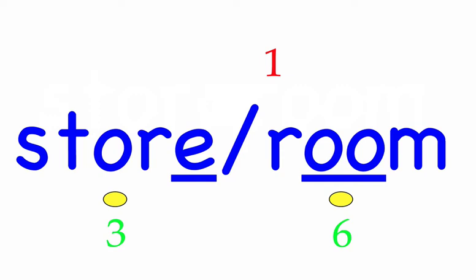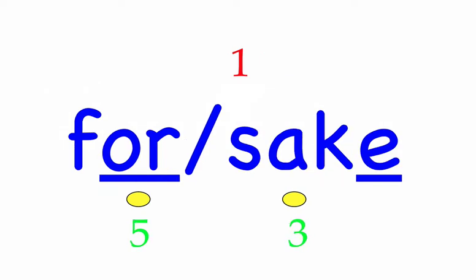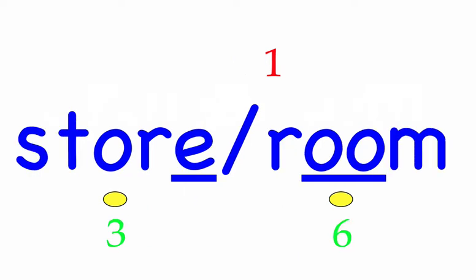Now let's go back for just a minute and look at a word that we just spelled, forsake. Now forsake and storeroom are very similar. They are both compound words, but in this word we don't have a silent E at the end of the first syllable. So OR has to be a vowel group 5 team here. But again, to contrast it with storeroom, in storeroom we do have a silent E at the end of the syllable.